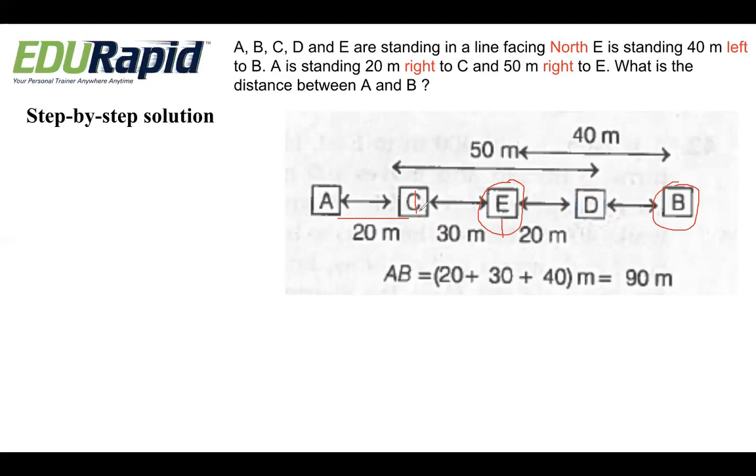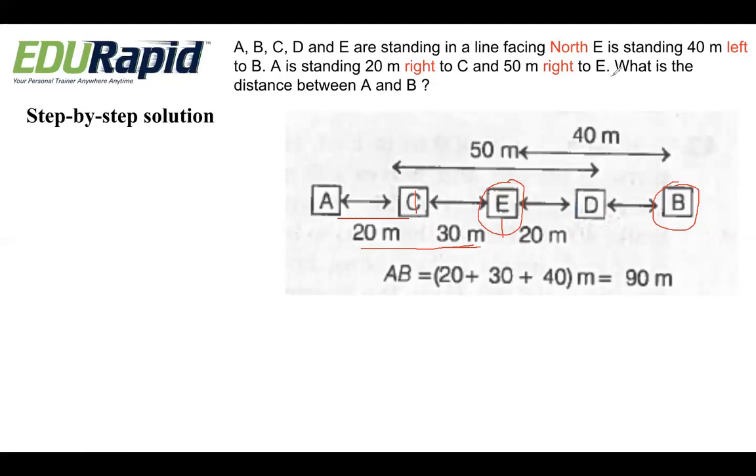That means between C and E it is only 30 meters, because they've given from E to A it is 50 meters. So you need to dissect the problem like this, layer by layer. I'm going very slow here so that you will understand. When you practice more problems, you can solve this very quickly.